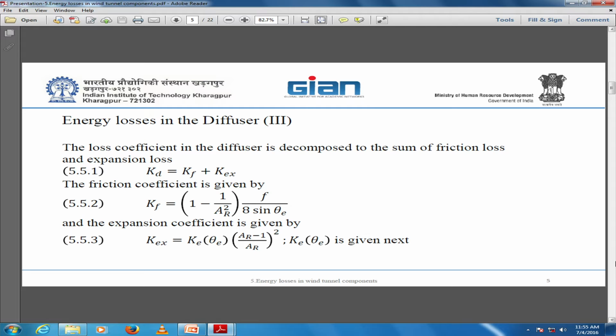Now, for the friction part, you get this empirical formula that Kf is depending on the aspect ratio and the friction factor and the expansion angle. So this is the trade-off. This loss is a function of your expansion angle.